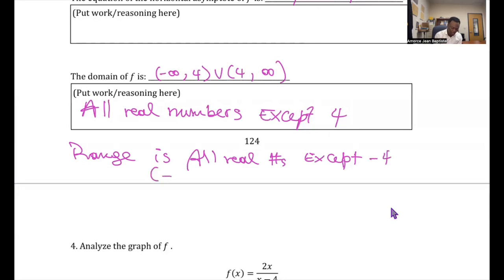So that's negative infinity to -4, union -4 to infinity in this case. They didn't ask me for it, but in case you are asked for it, that's what you're going to give.